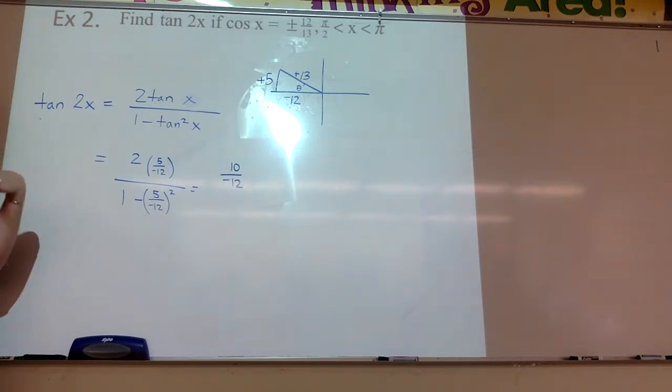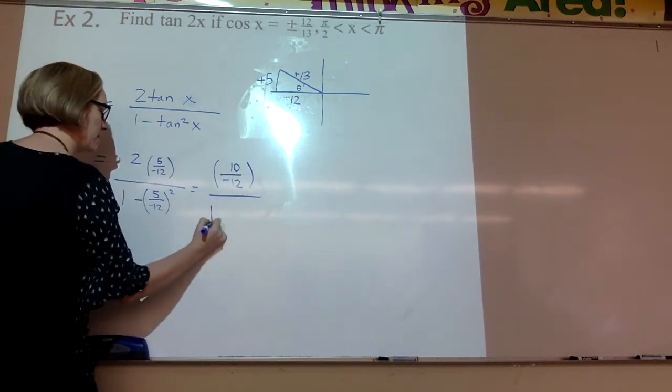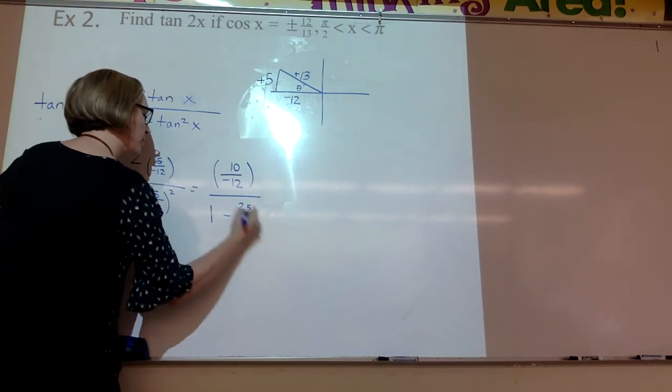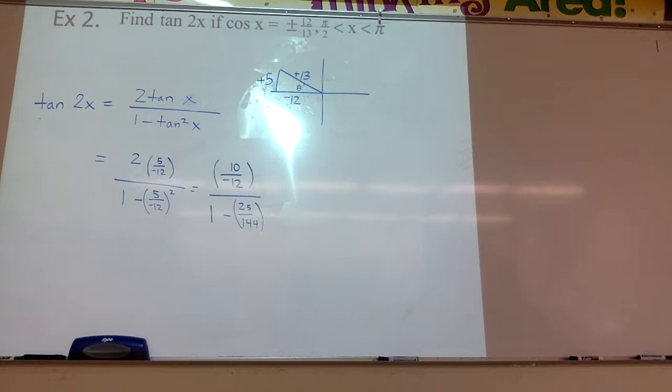You're going to have to think a lot harder probably for your LCD. So it's okay if you don't reduce from the beginning. So this is my top. In my bottom, I'm going to get 1 minus 25 over 144. Both of these are positive because when you square the quantity, the signs cancel.